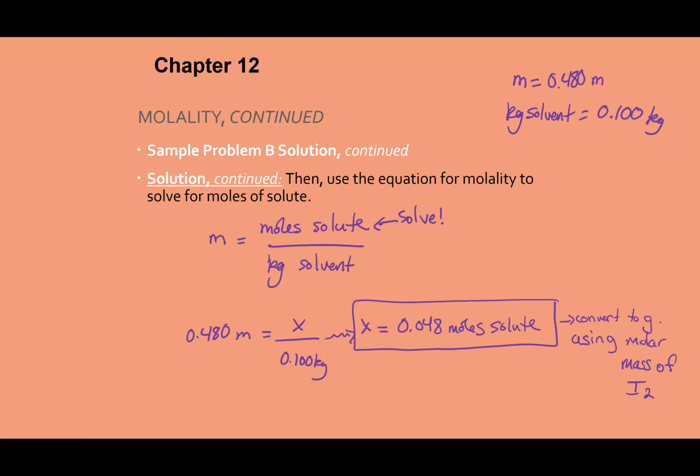So we're going to calculate that. 126.904 times 2 gets you 253.808 grams per mole.